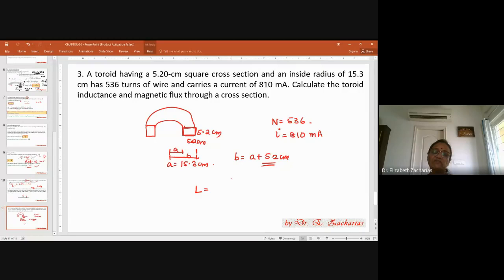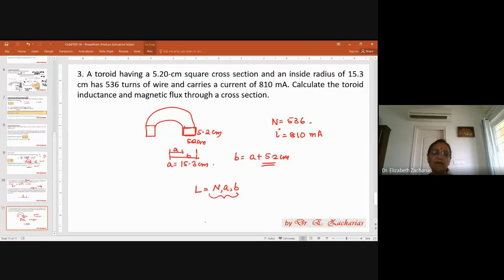Calculate the inductance. Anyone? You don't have to give the answer. Which way to do the problem? Inductance is going to depend on various factors like N, A, B, etc. So look at the formula, get your inductance.